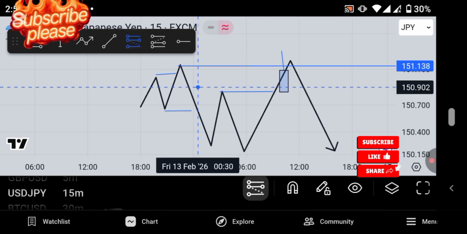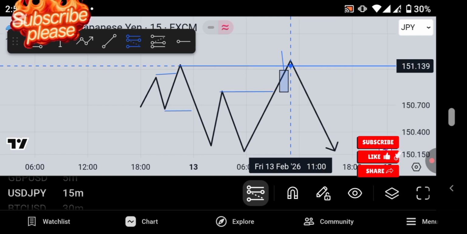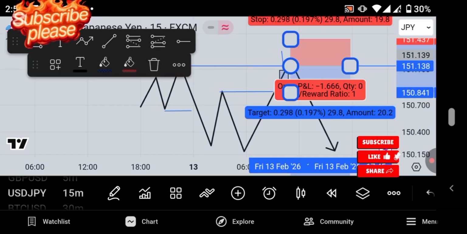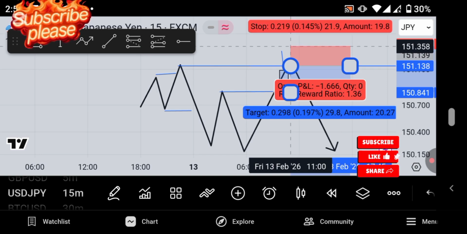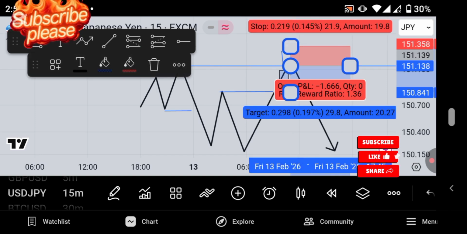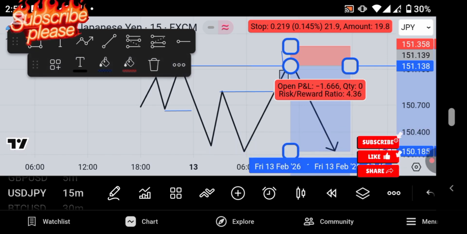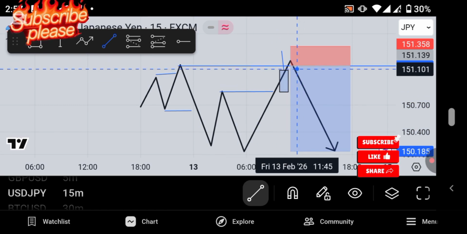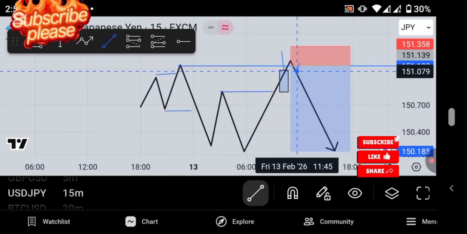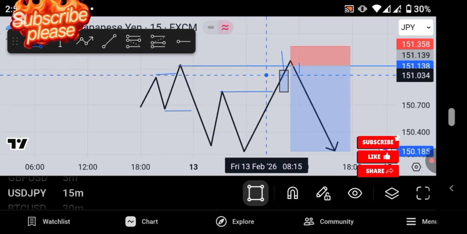So we then place our entry at that same point of interest, expecting price to retest our point of interest, stop loss above the wick of the rejection, and take profits right below here. So we will see the market come again and retest the zone for the second time.